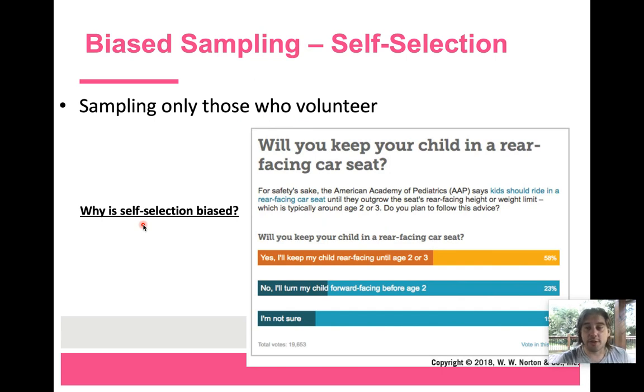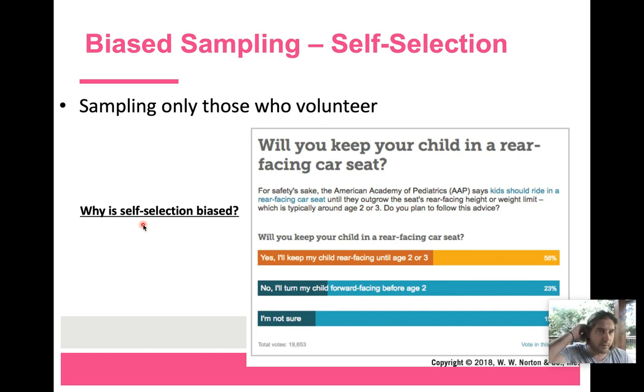Next, we have self-selection. It's pretty obvious what self-selection is. It's people who choose to participate. They volunteer their opinions. This is the Yelp phenomenon, right?